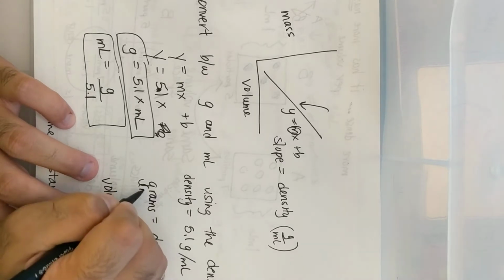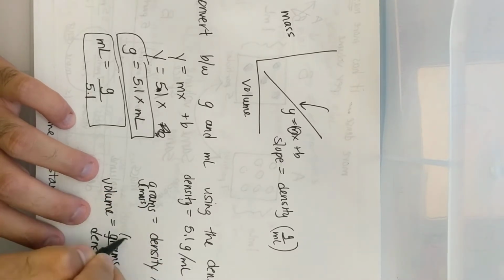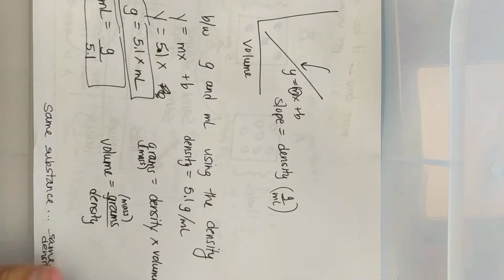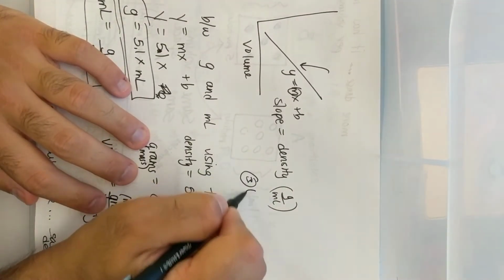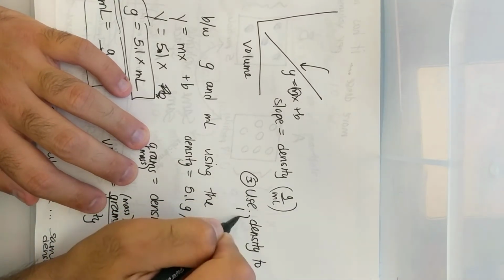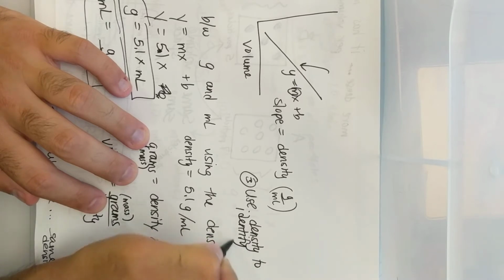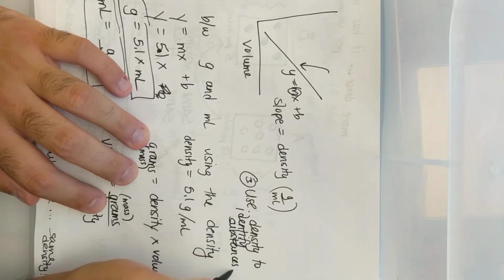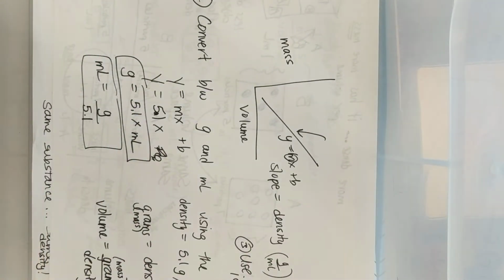And when I say grams, I mean mass. Also make sure that you can use density to identify substances. Those would be the three big things that I would want you to be able to do when I return.